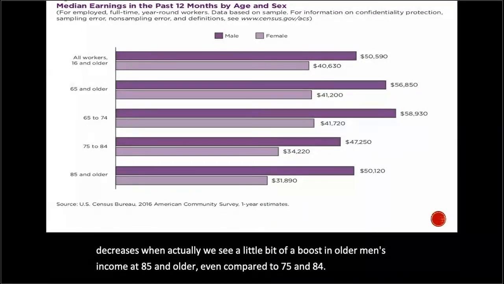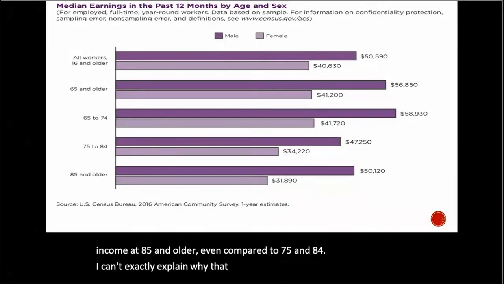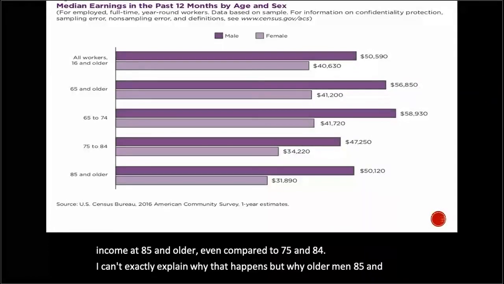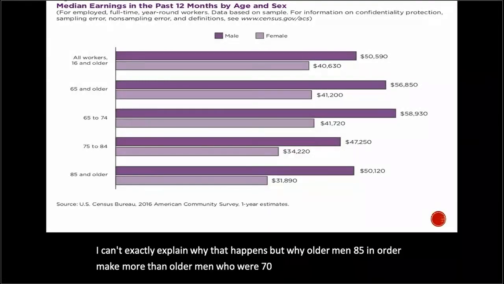I can't exactly explain why older men 85 and older make more than older men who were 75 to 84. I don't know the answer to that, but there probably is.